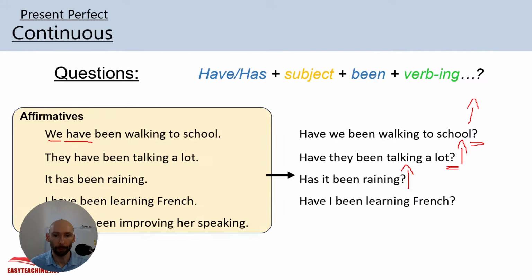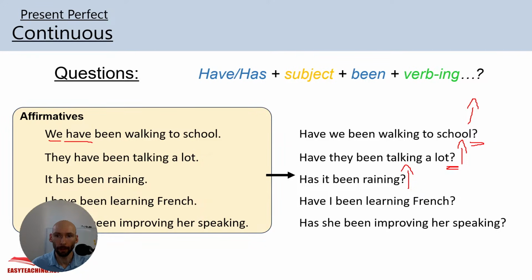She has been improving her speaking. Okay, what will that be as a question in present perfect continuous? As a question, we have, has she been improving her speaking?